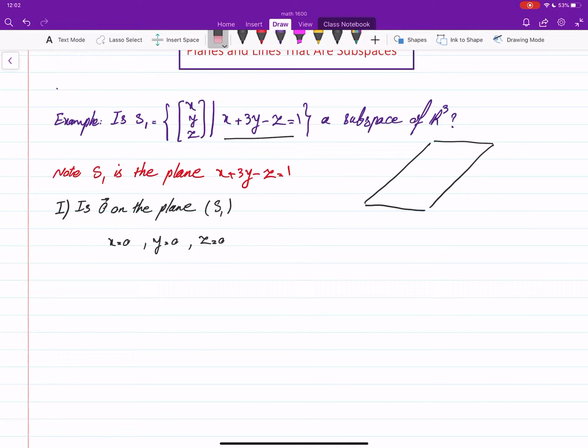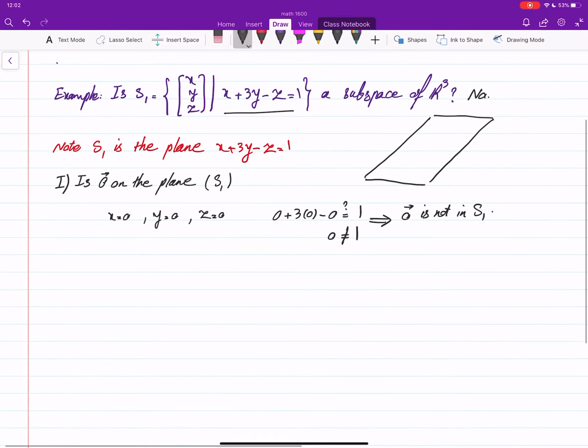So we have 0 plus 3 times 0 minus 0 is equal to 1. Well, obviously, this is not equal to 1. So that means right away that the 0 vector is not in S1. And done. This means that the plane S1 is not a subspace of R3.